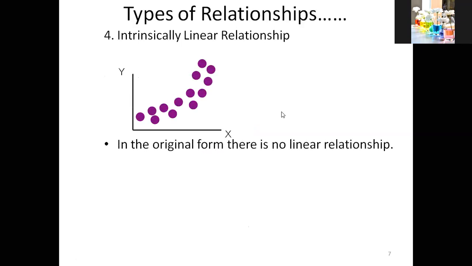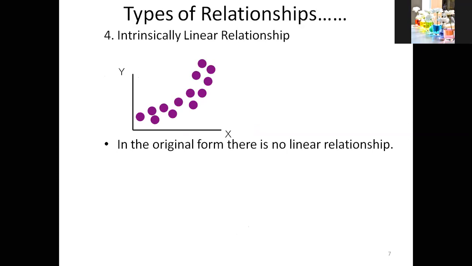The fourth one, intrinsically linear relationship. Actually, this graph looks like it is not linear. It is non-linear.